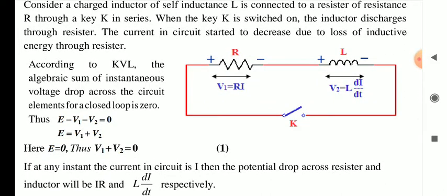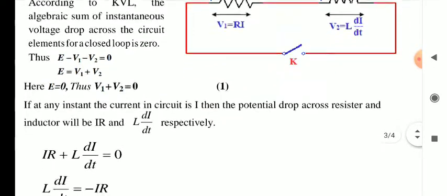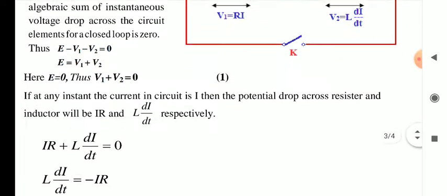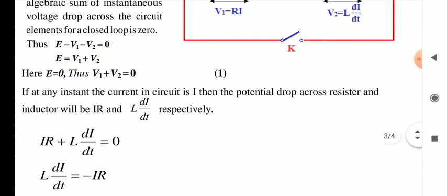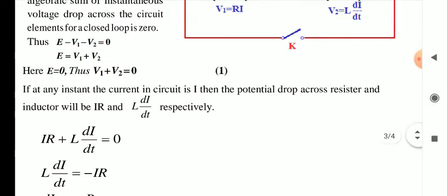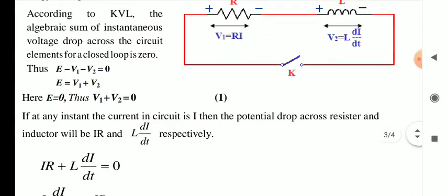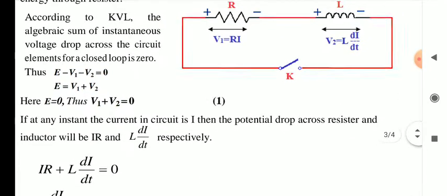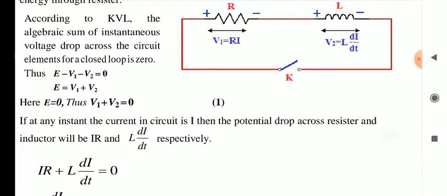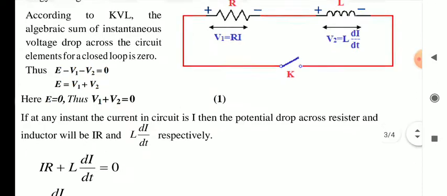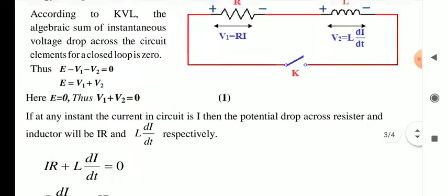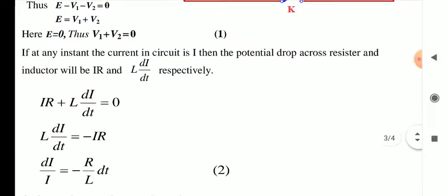Once again, according to Kirchhoff's voltage law, the algebraic sum of the instantaneous voltage drops across the circuit elements in a closed loop is once again 0. So E minus V1 minus V2 is equal to 0, where V1 and V2 are the voltage drops across the resistance and inductance.